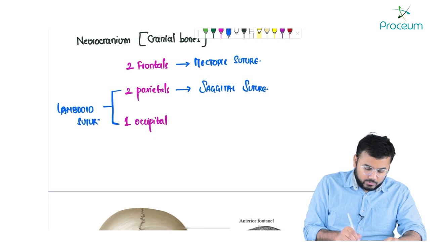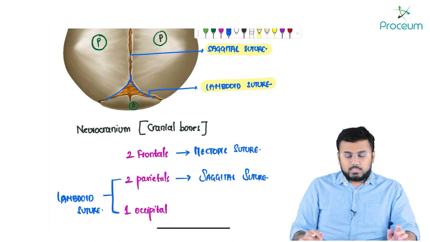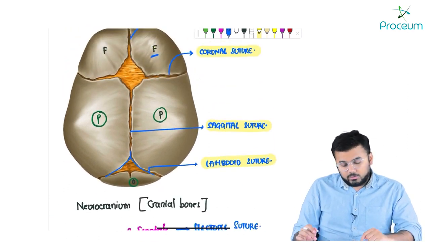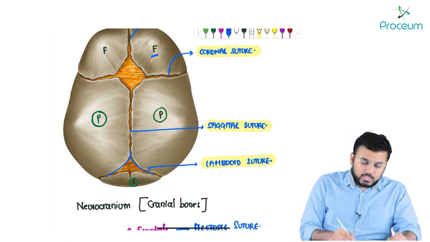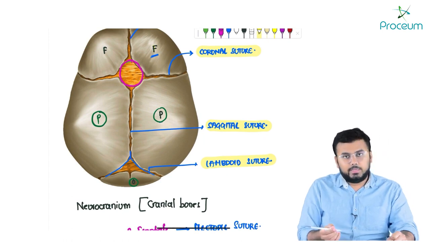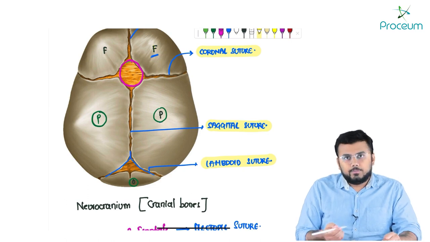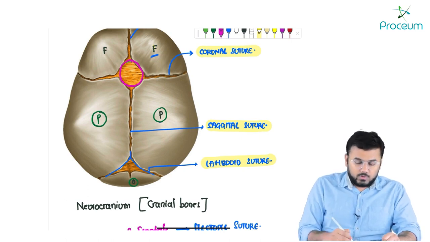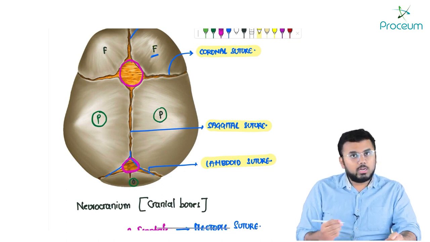So two parietal and one occipital together form the lambdoid suture. Now, after the sutures are discussed, the next important thing is, can you see some gaps where the sutures are meeting? You can exactly see this junction where all the sutures are meeting. These junctions are called fontanelles. There are two fontanelles, one on the front and one on the back. Actually there are two more fontanelles also, I'll show it to you.